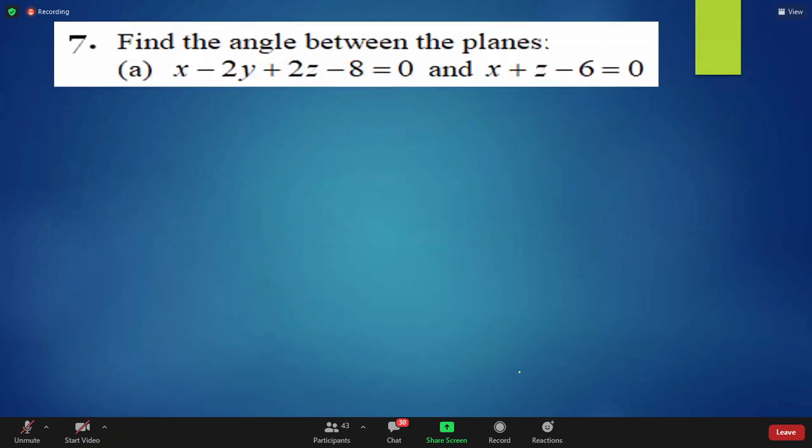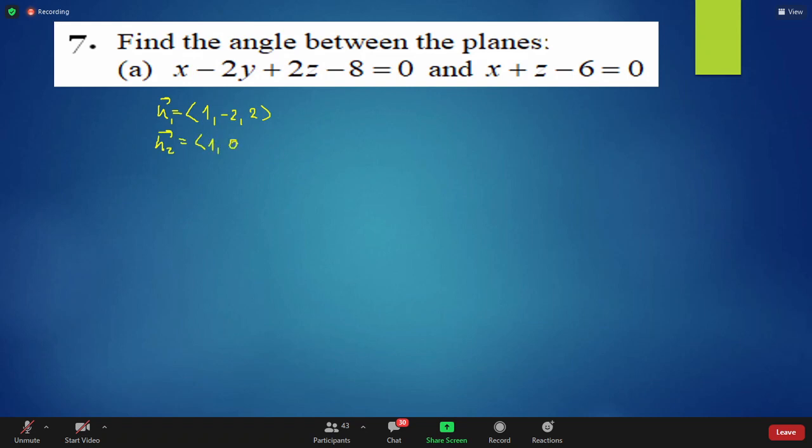Oh no, this doesn't look very good, at least for me, if I'm very close to this screen, but let's see. The normal vector of the first plane, 1, minus 2, 2. The normal vector of the second plane is 1, 0, 1.